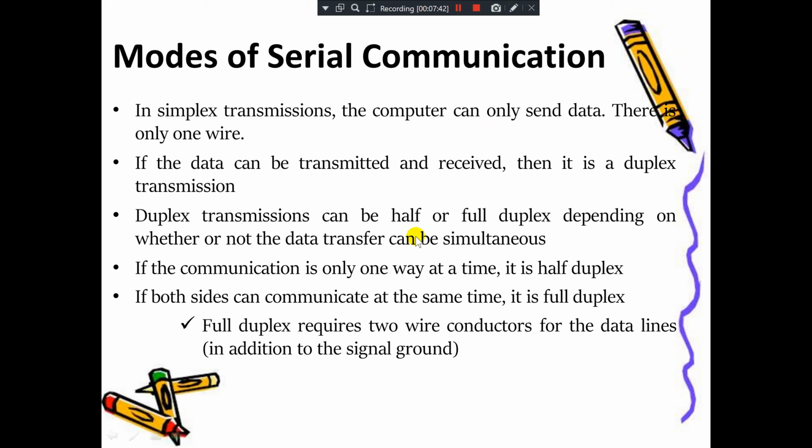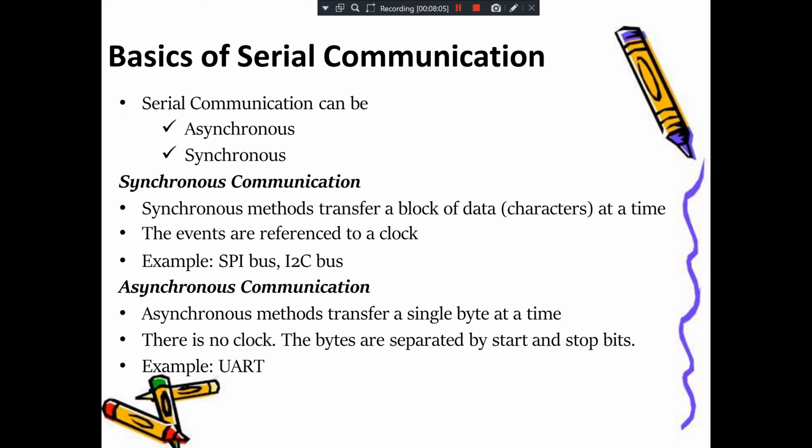In duplex transmission, we have half and full, depending on whether the data is sent simultaneously or not. As I already told, if it is simultaneous, it is full duplex. If it is not simultaneous, it is half duplex. Only one way at a time is called half duplex. Two ways at a time, that is simultaneously, is full duplex.